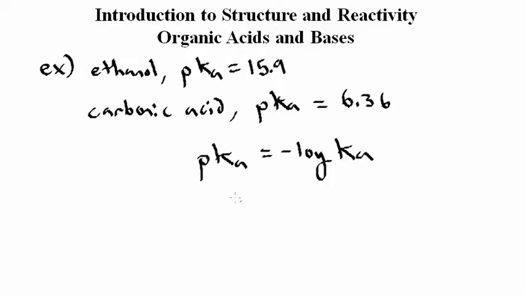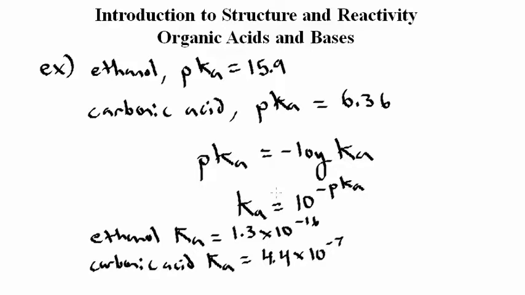Recall that the pKa equals the negative log of Ka, and therefore the Ka equals 10 to the minus the value of the pKa. We can use this equation to calculate the Kas of ethanol and carbonic acid. We get 1.3 times 10 to the minus 16 and 4.4 times 10 to the minus 7, respectively. Because the pKa for carbonic acid is smaller than that for ethanol, carbonic acid is the stronger acid, and ethanol is the weaker acid.